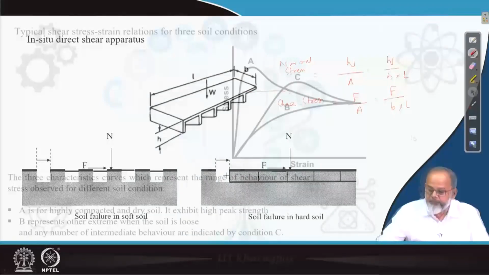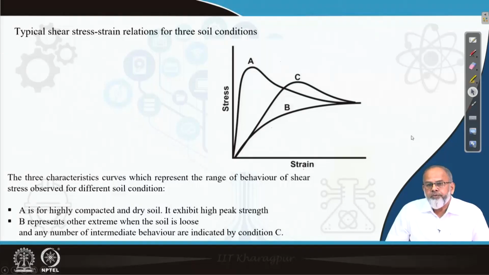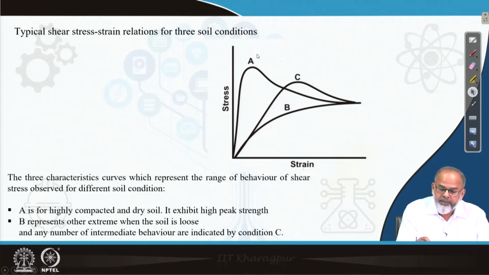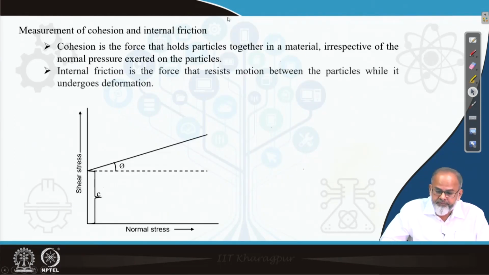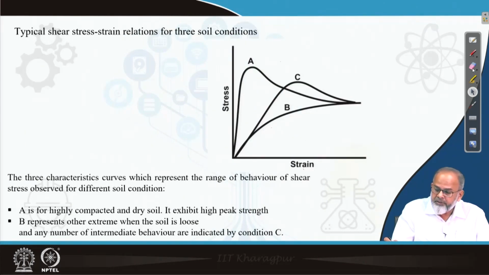That is the difference. When we apply the tangential force, we also measure the strain. If you plot stress versus strain, you get a curve of type A, B, or C, as shown in this figure.